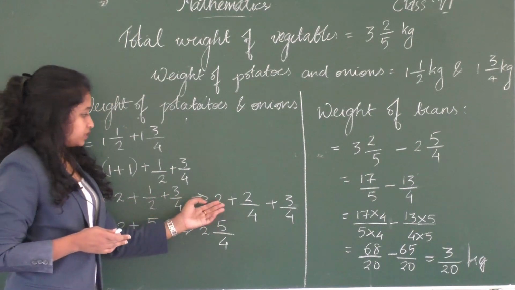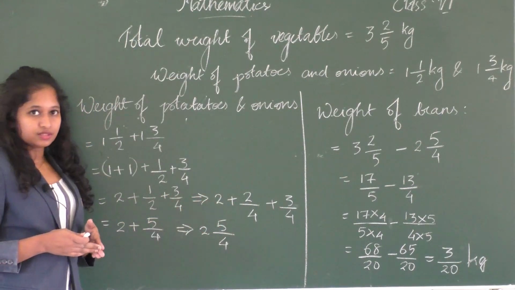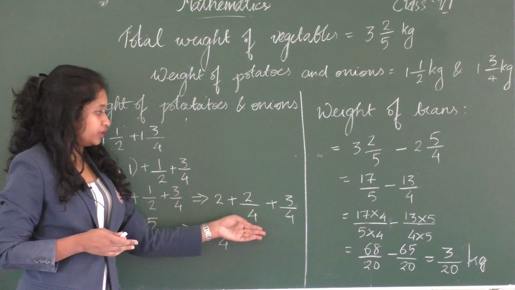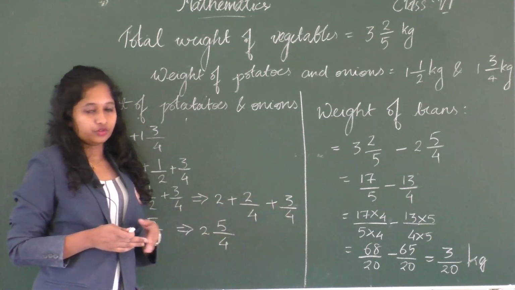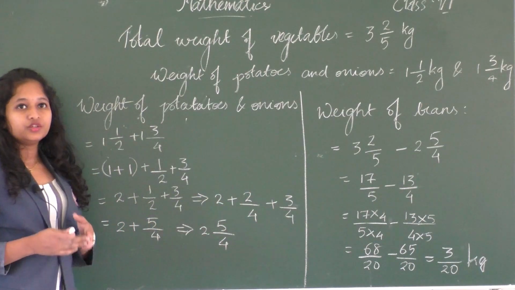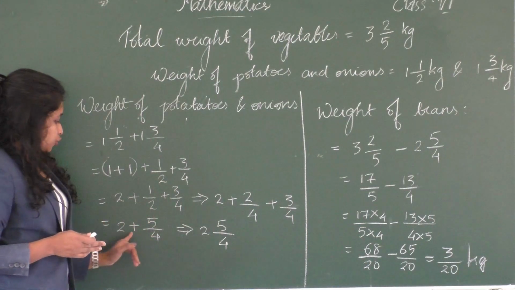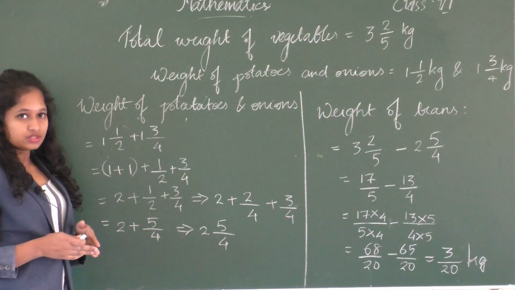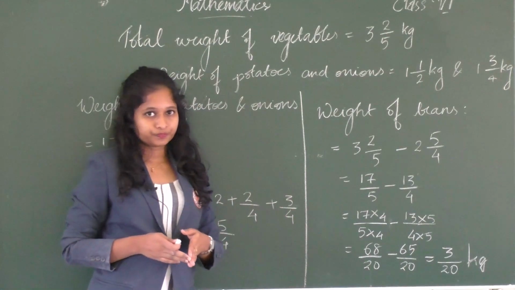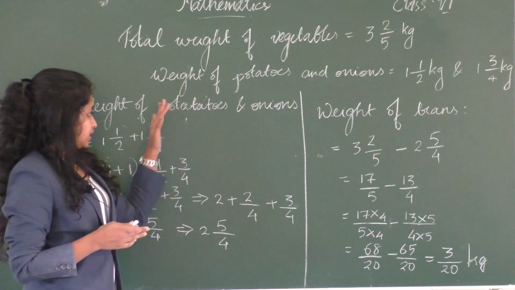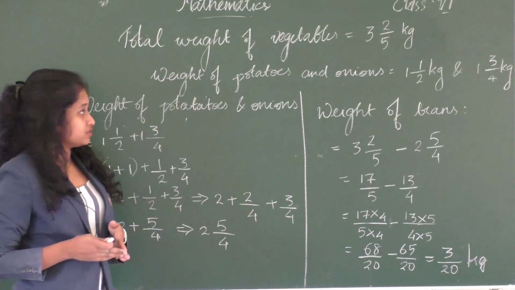And then keep this 2 plus as it is and add 2 by 4 and 3 by 4. So when you add 2 and 3 we get 5. 2 plus 5 by 4 is 2 5 by 4. So you have understood this part, I guess.